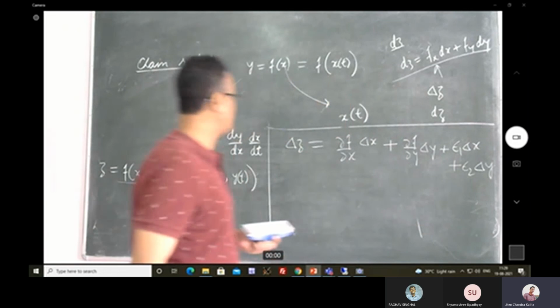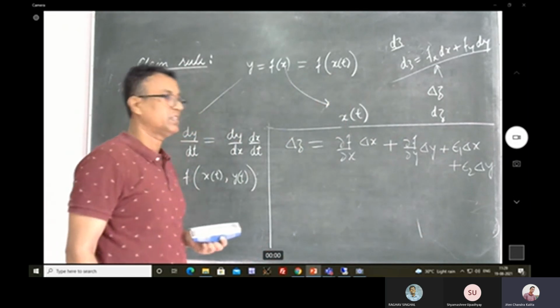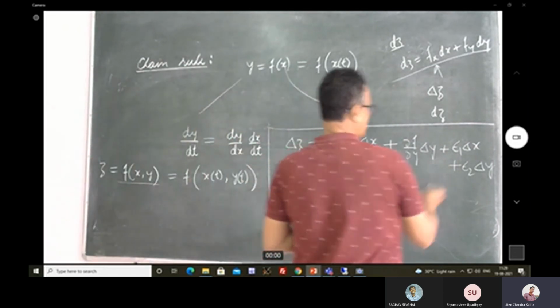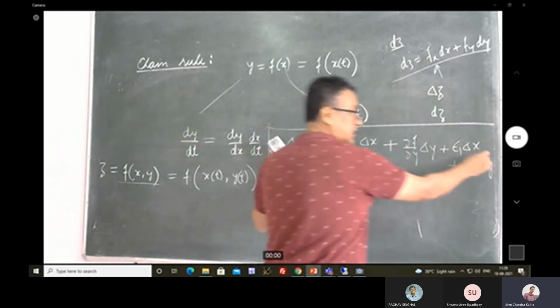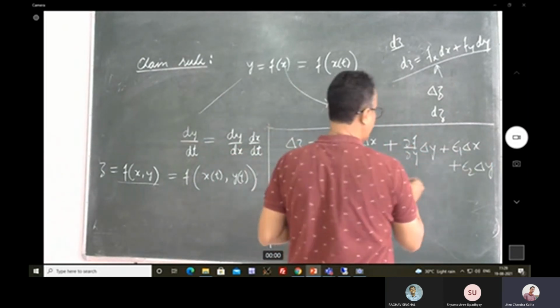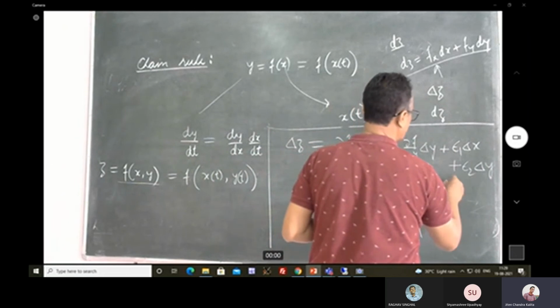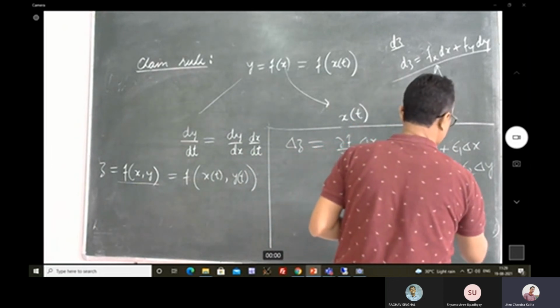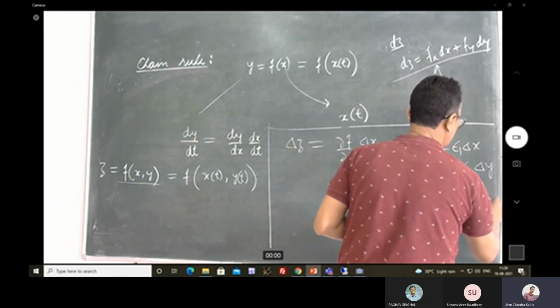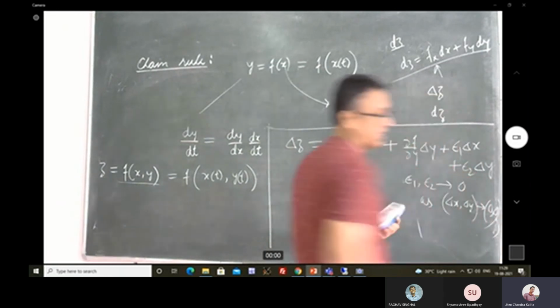So this was the definition of differentiability, isn't it? Delta z can be written as this, where your epsilon 1, epsilon 2 tend to 0, as your delta x, delta y tend to 0, 0 simultaneously.